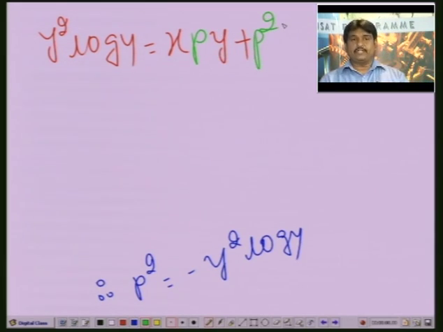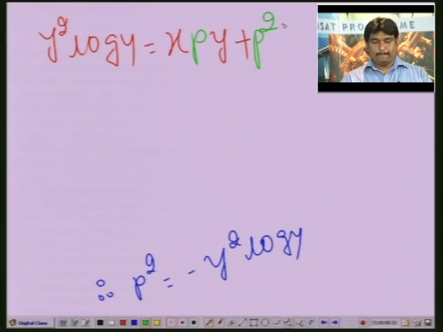This is the given differential equation. We have to eliminate p here. So we have the p square value, p square equals minus y square into log y. We have to substitute this in the given differential equation.